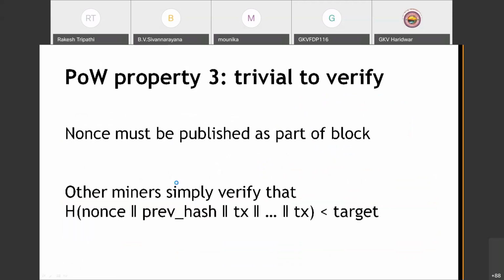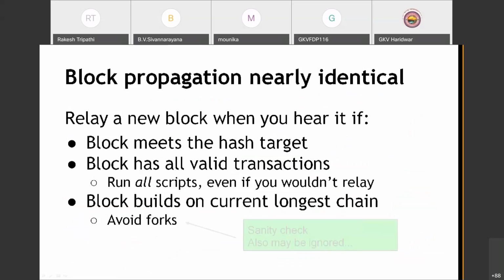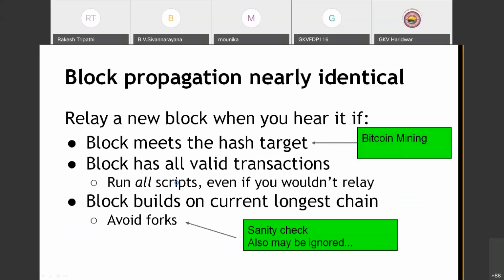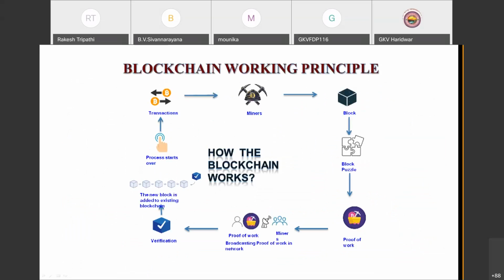Okay. Let us see what else we can do, because we have less time. Let us see in summary how it works. There are transactions, and these transactions are flooded. All miners have their transaction pool with themselves.